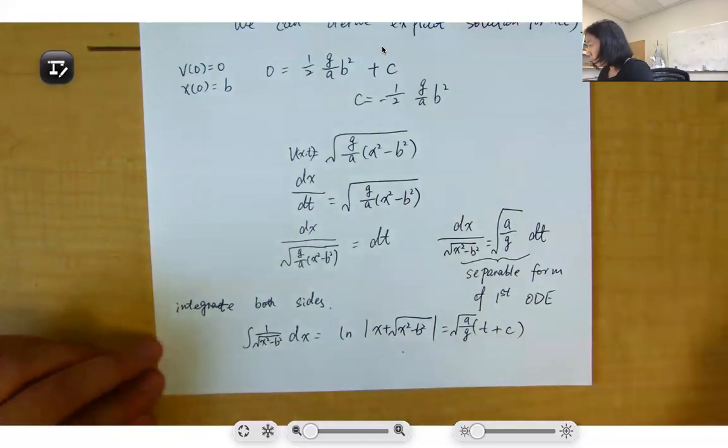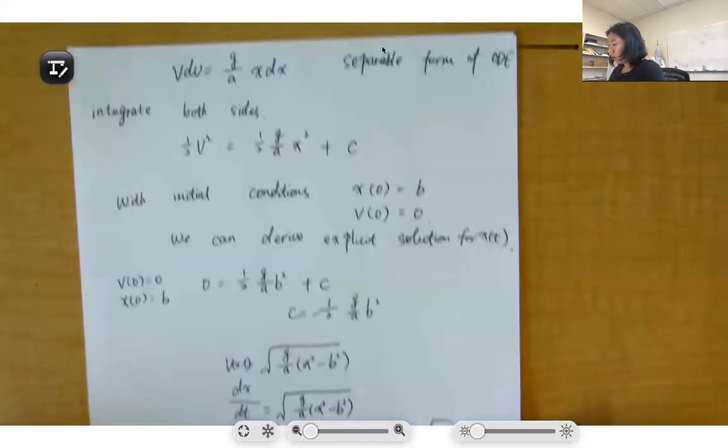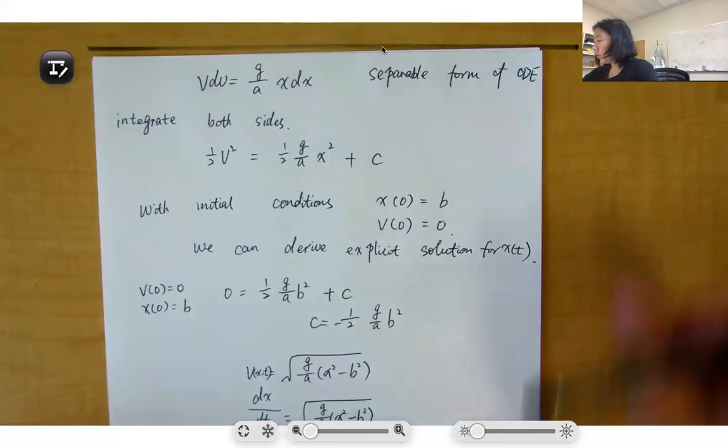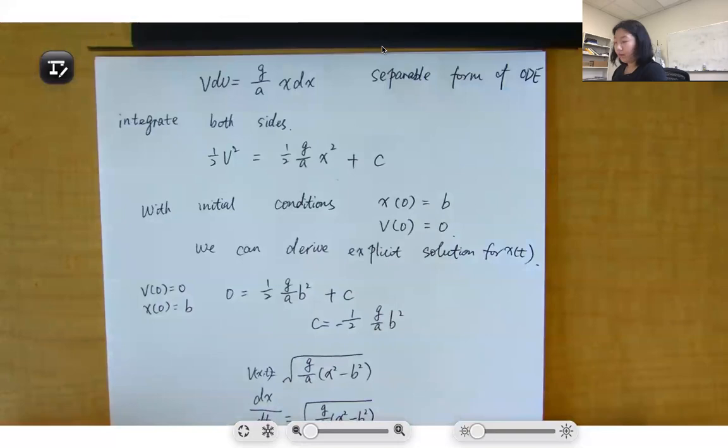And we can again solve for the constant by using the initial values.